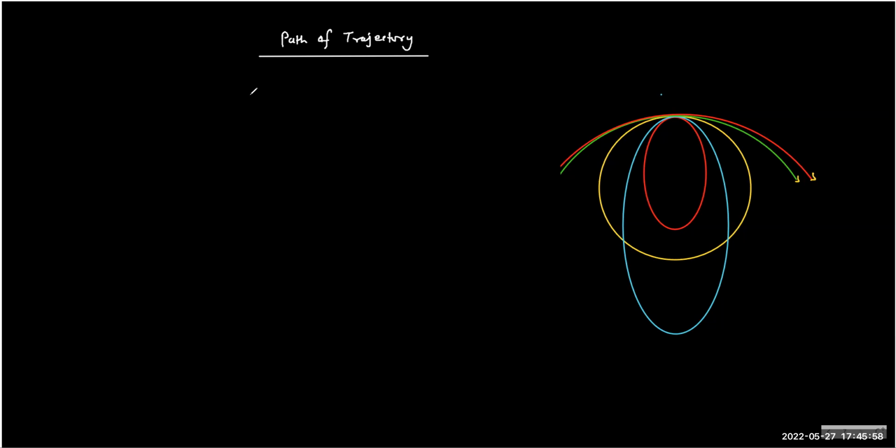So what happens if you throw with a velocity faster than the orbital but less than the escape? You are still trapped in the gravity of the planet. So it is like free falling, but you never come back. Imagine, you come very close, but because of the inertia, you go in some other direction. Oh, okay, sir.